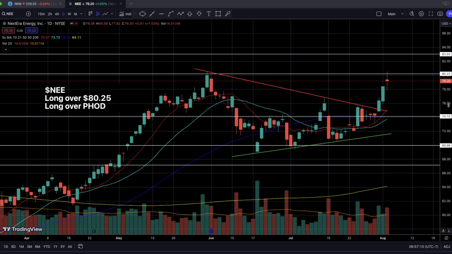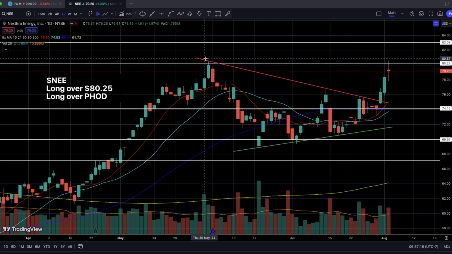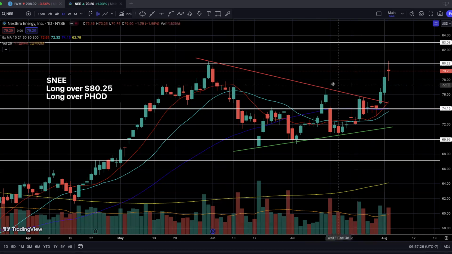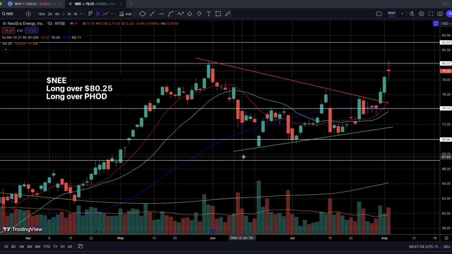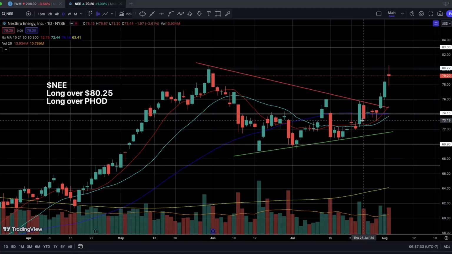And why is that? Well, now let's begin with the technical analysis here for NEE. We have a very nice big bull flag that we just broke out of, right? Or if you guys want to keep it a little bit more simple and from a micro perspective, a nice wedge chart pattern. And so right before we broke out of this wedge chart pattern, we had very good tight and consolidated trading days.